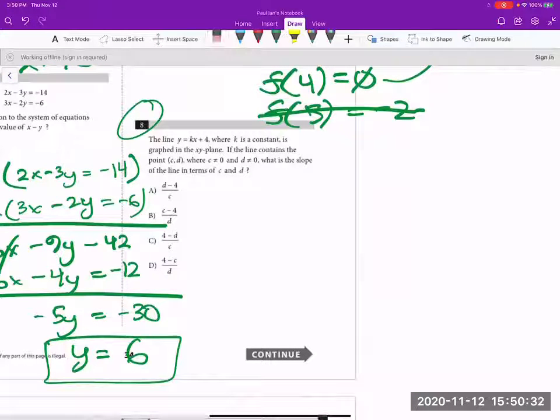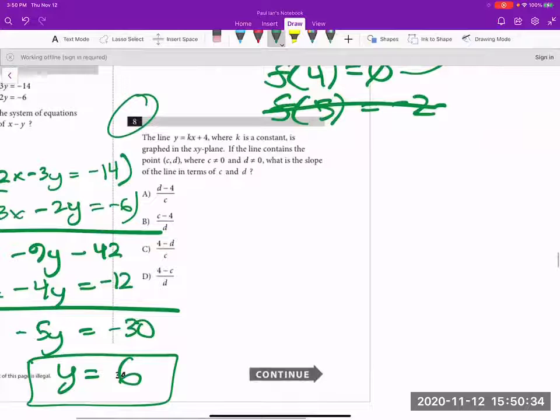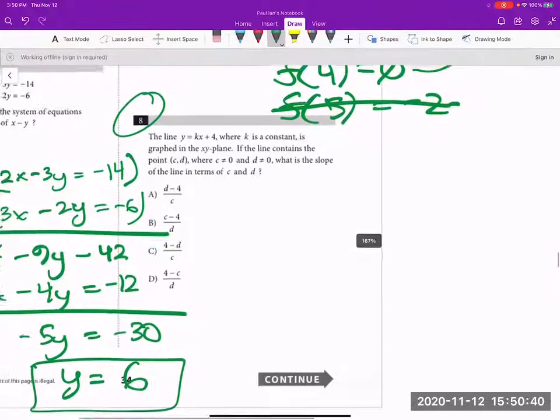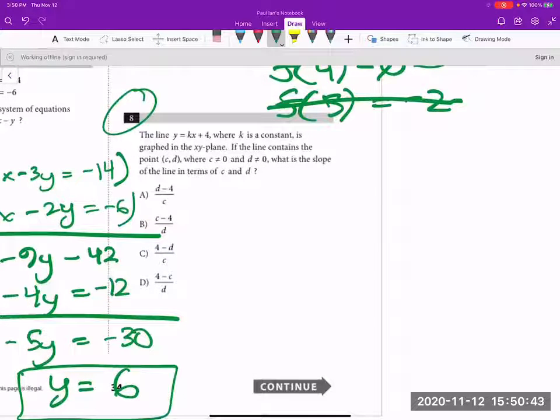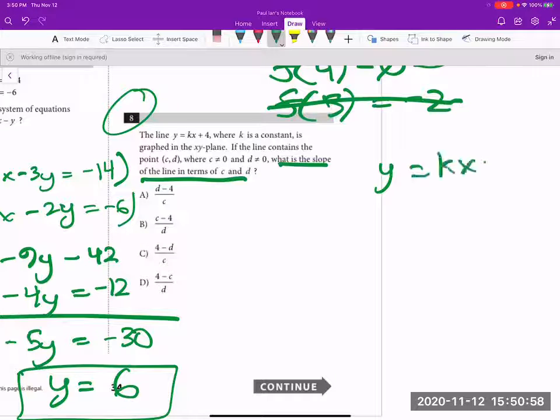Okay, so for this one, it gives you a line. This line equation is y equals kx plus 4, where k is the constant. It tells you if the line contains or crosses CD, what is the slope of the line? So it's asking for the k, pretty much, right? You're not given these values, so I would just put them right here.